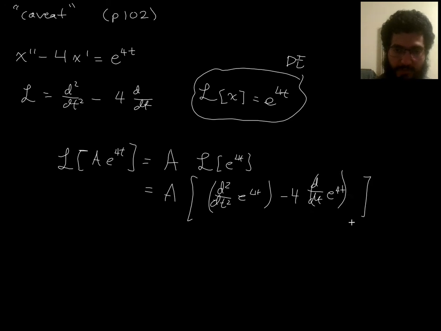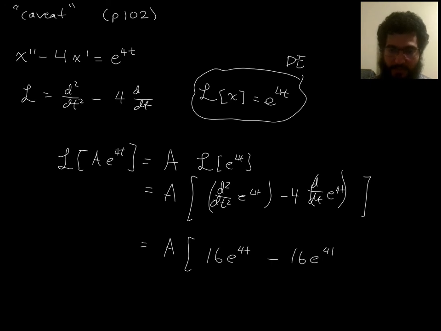Just like that. But look what's going to happen. This is 16 e to the 4t. This is 4 times 4 e to the 4t, so it's also 16 e to the 4t. Oh no. We got 0. Oh no. So do you see why this is a disaster?